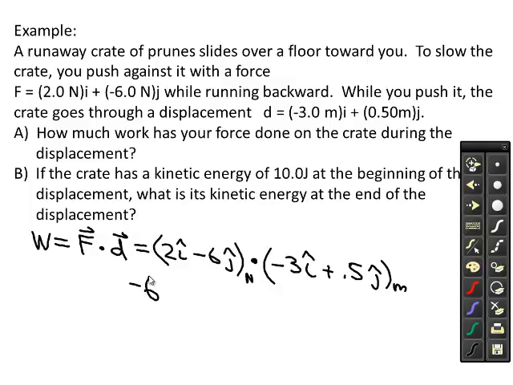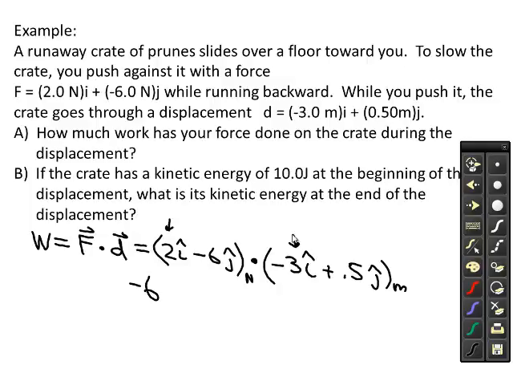And this is a dot product, which means that these two components are in the same direction, or they're both on the x-axis, which means the answer is just plain old negative 6. Remember, when you calculate work, you've got a scalar. All I did was multiply this guy and this guy. Then we do the outers.